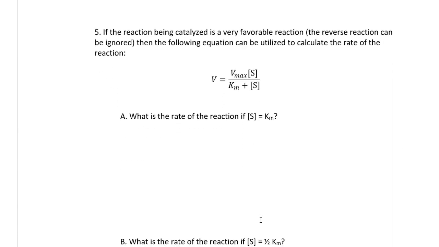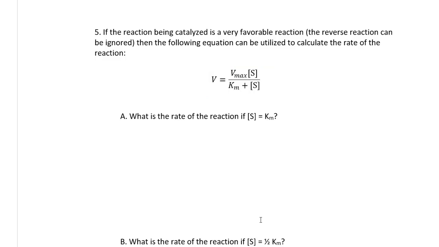If the reaction being catalyzed is a very favorable reaction, the reverse reaction can be ignored. Then the following equation can be utilized to calculate the rate of the reaction. You're going to see this equation probably again at some point in your careers, and we're going to be using it for some other purpose in section 2. We're introducing it here now.